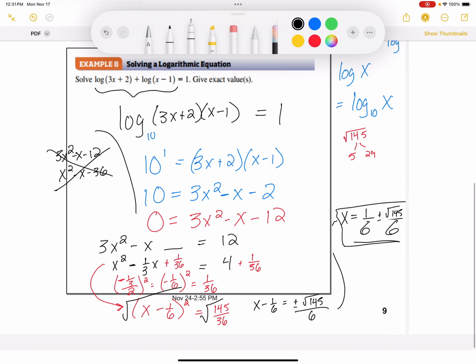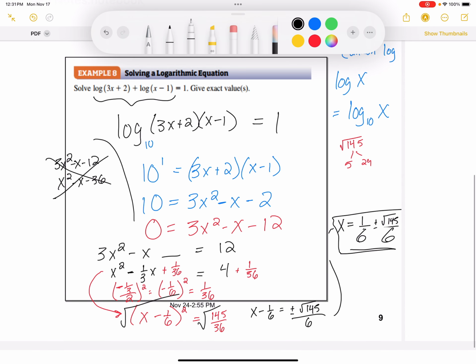I would say you probably need to check the negative version. So if you put this in your calculator, 1/6 minus the square root of 145 divided by 6 gives you a negative 1.8. 3 times a negative 1.8 plus a 2 is still negative, which means your negative version won't work.